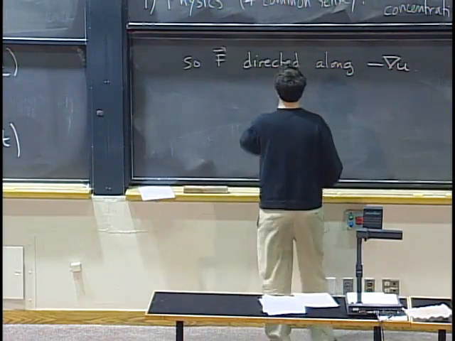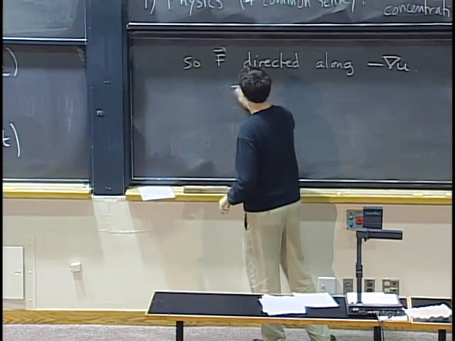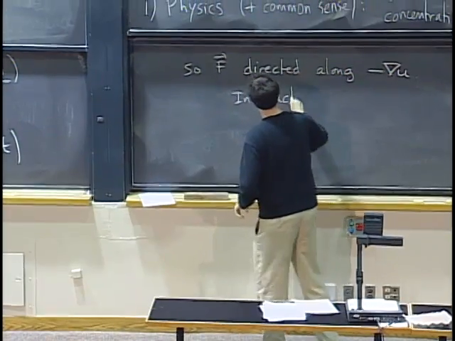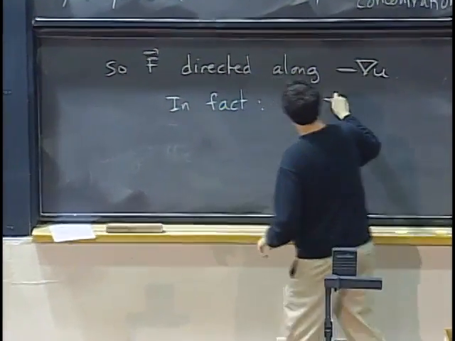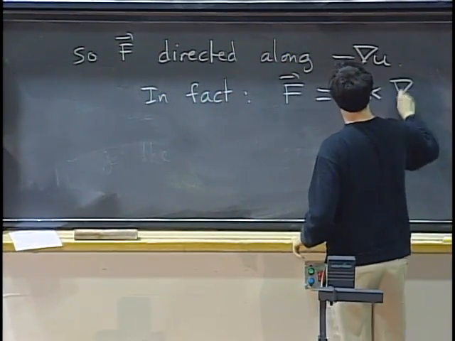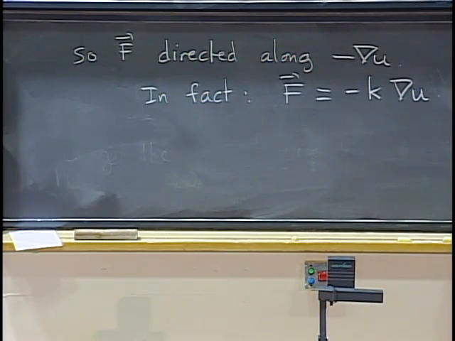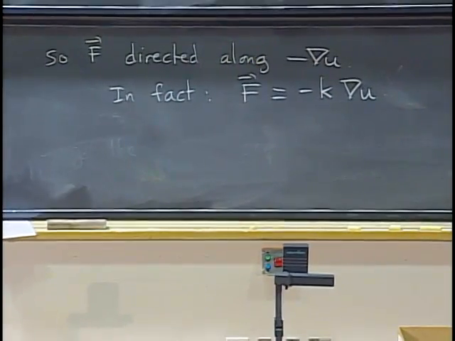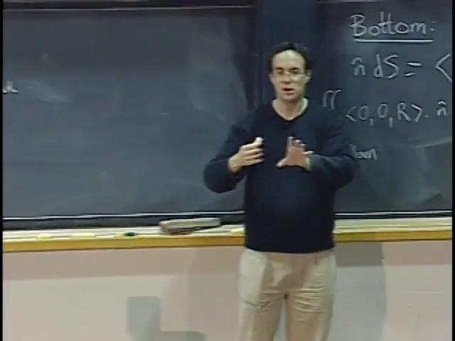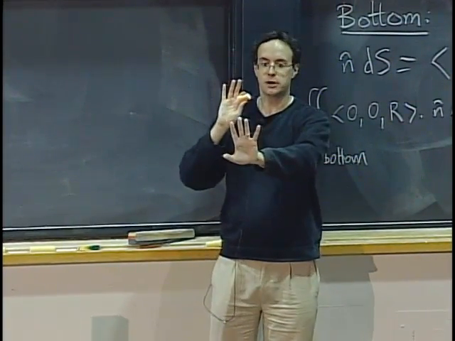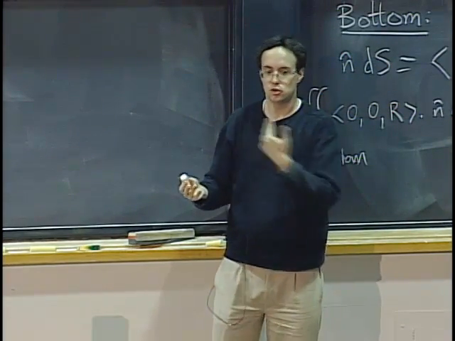So I'm just going to accept that the flow is just proportional to the gradient of u. So if the differences between concentrations at different points are very small, then the flow will be very gentle. And if, on the other hand, you have huge disparities, then things will try to even out faster.